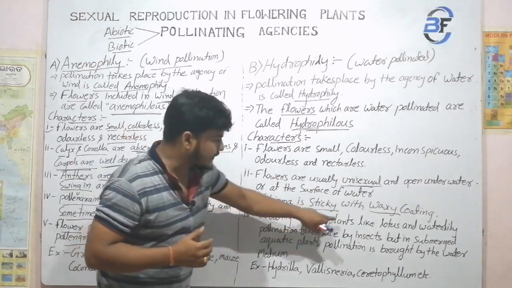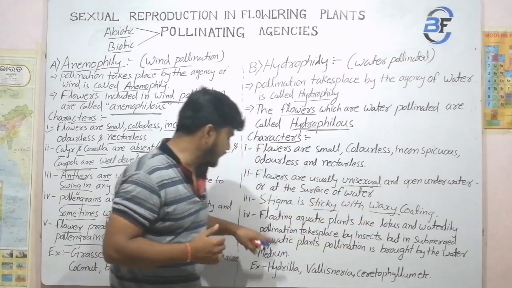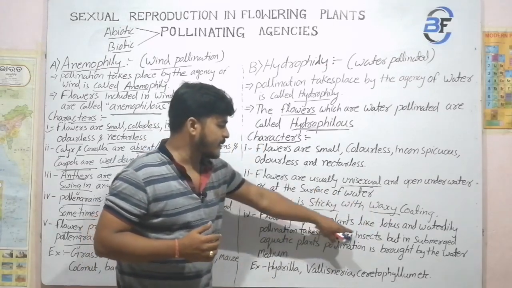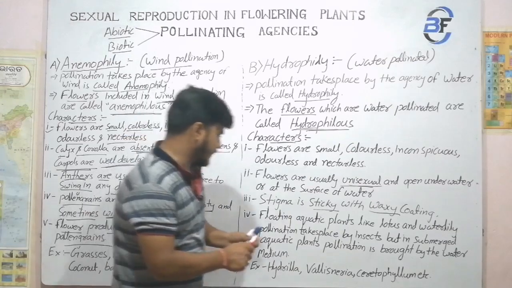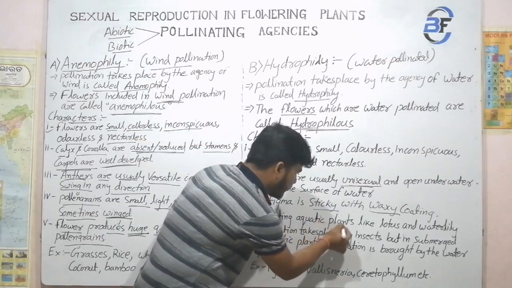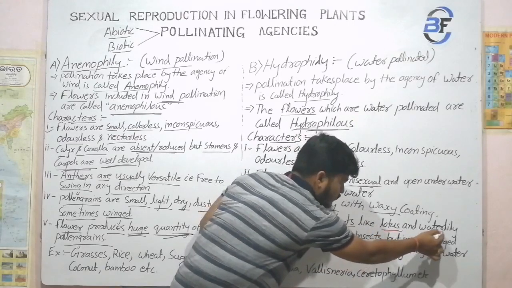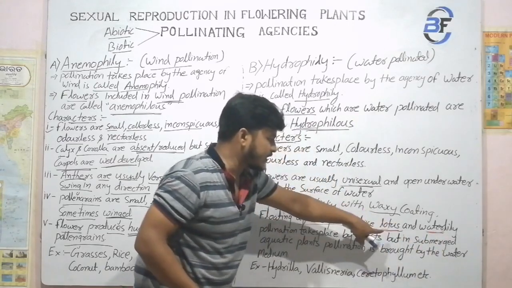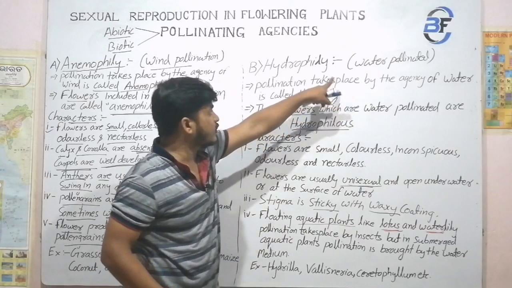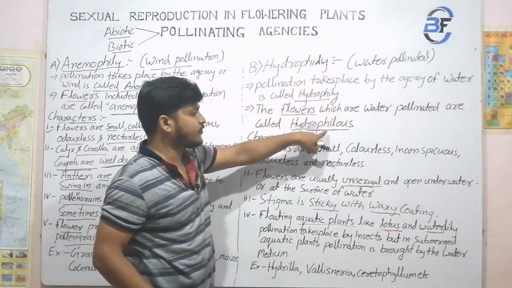Next, floating aquatic plants like lotus and water lily are pollinated by insects. Just underline it. These two are not included in the hydrophily technique. These are not hydrophilous flowers.